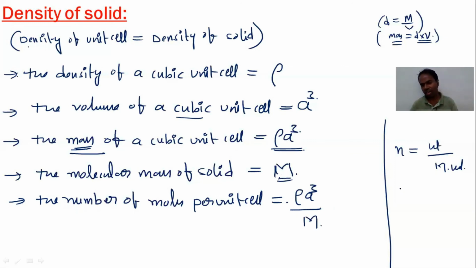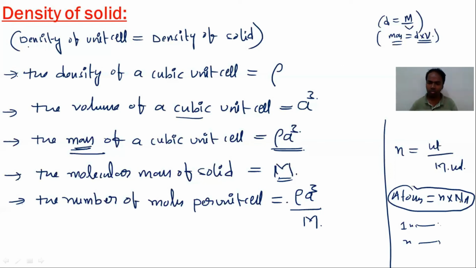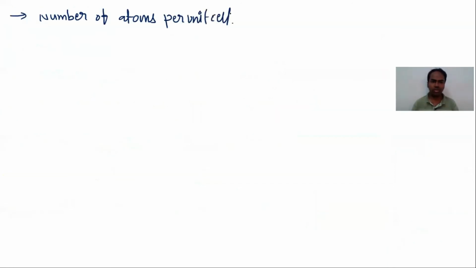Then how can you find the number of atoms? Number of atoms is equal to number of moles into Avogadro number, because 1 mole contains Avogadro number, so n moles contain n into Avogadro number. So the number of atoms per unit cell, symbol Z, is equal to number of moles into Avogadro number.